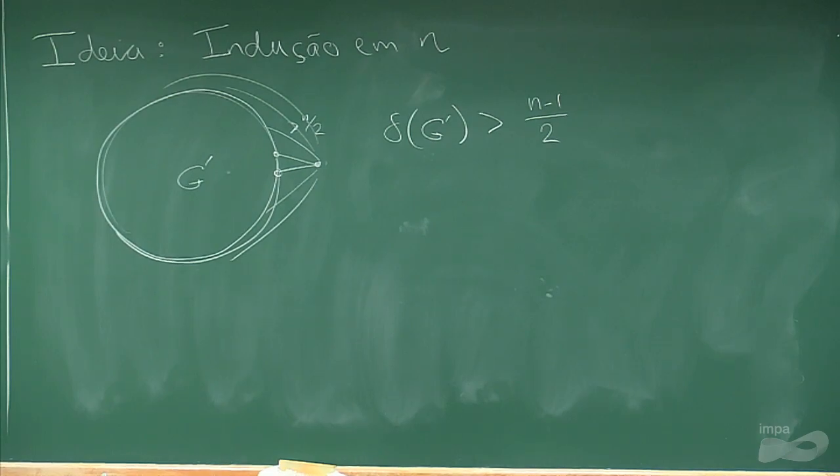And this is a real problem. How are you going to apply induction? You have to find a subgraph with the correct minimum degree. It's not very clear how to do that, or even if one exists.